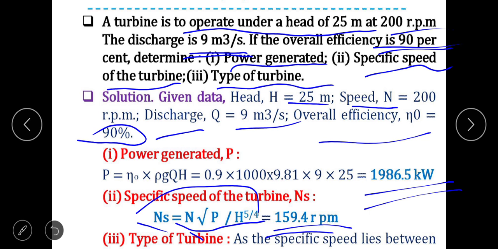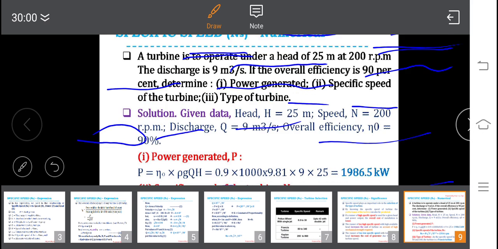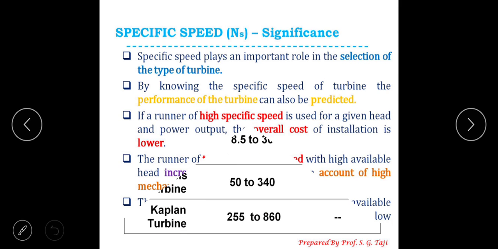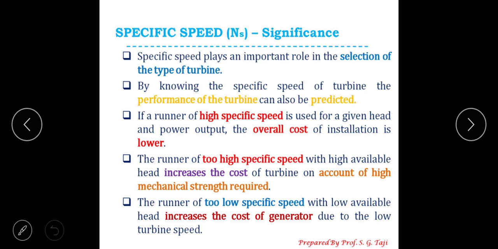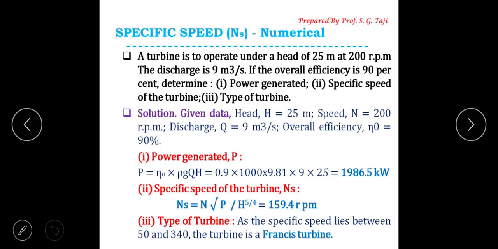Type of turbine: as the specific speed lies in this range, 159, between 50 and 340, the turbine is Francis turbine.